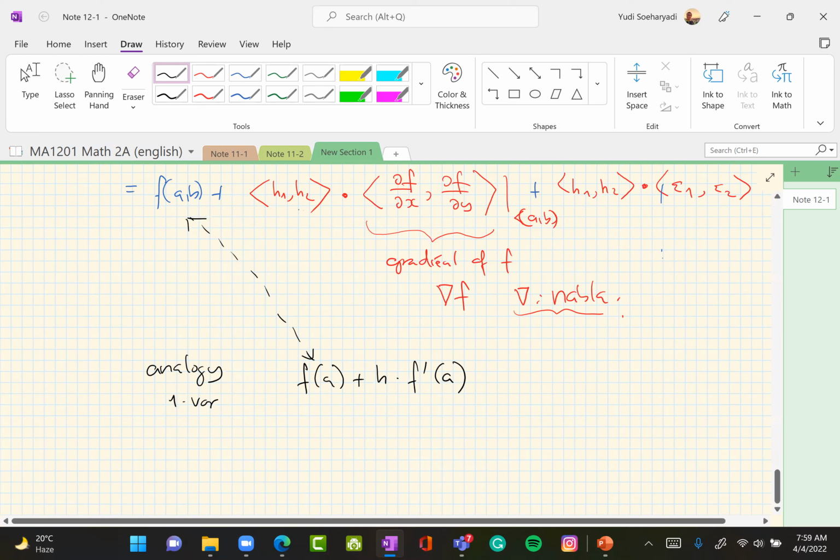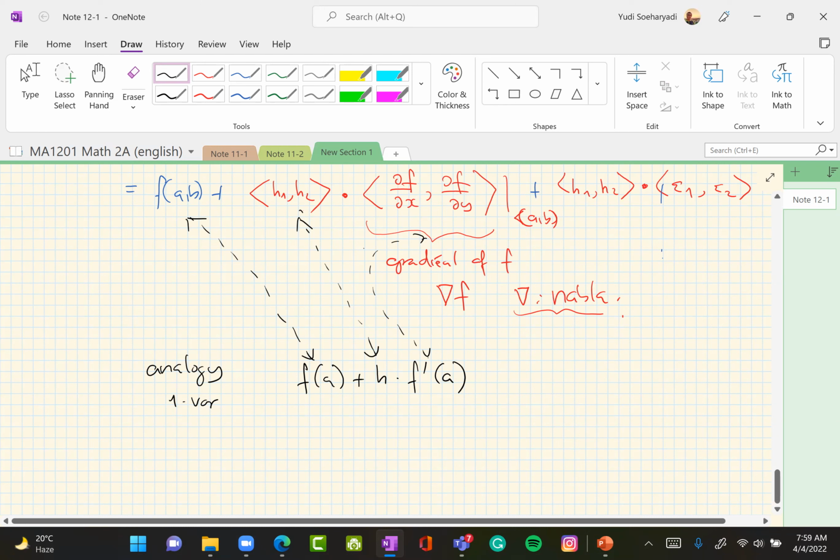Okay, in one variable we call it f prime. Here we have this vector.